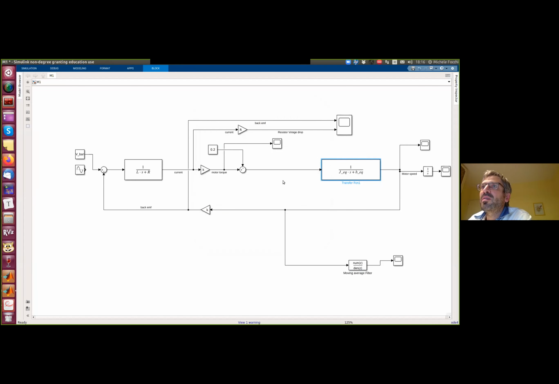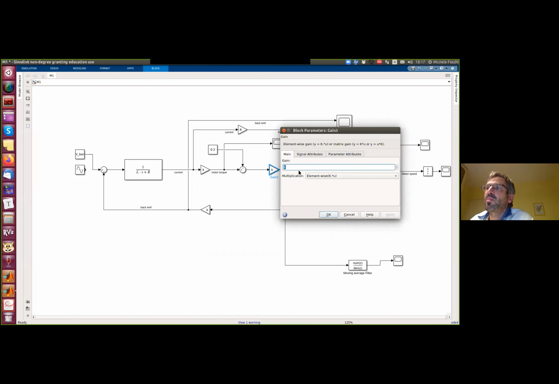We already evaluated. Plus, what do we need? This is the load. This is the motor torque. You remember? To get the load torque, we need to multiply the motor torque by the gear ratio. And what else?